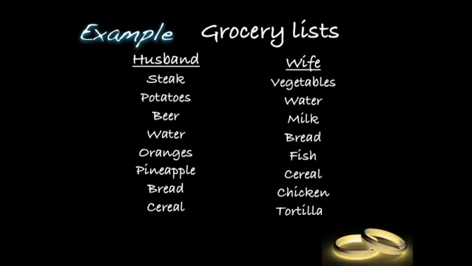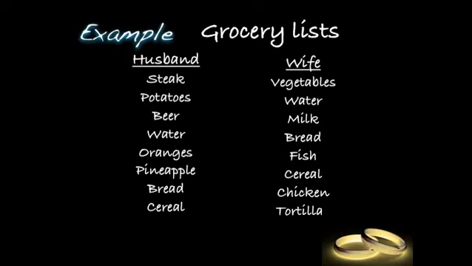If we take a look at two other lists, maybe grocery lists, the husband writes down the list of items he wants at the grocery store: steak, potatoes, beer, water, oranges, pineapple, bread, and cereal. The wife requests vegetables, water, milk, bread, fish, cereal, chicken, and tortillas.